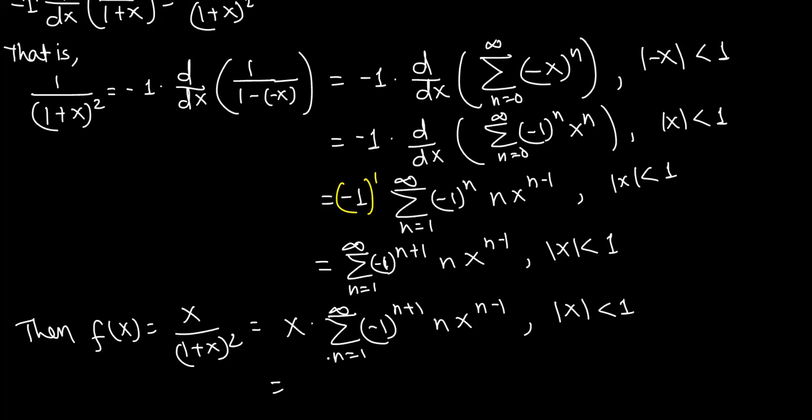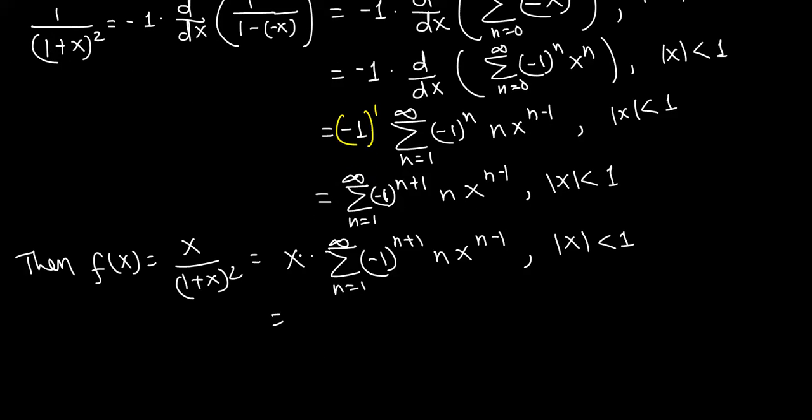Now let's multiply. This x can be multiplied with this x raised to n minus 1. x means x raised to 1 and x raised to n minus 1. We add the exponents. So the final answer is the sum n from 1 through infinity, negative 1 raised to n plus 1, n x raised to n minus 1 plus 1, just n.